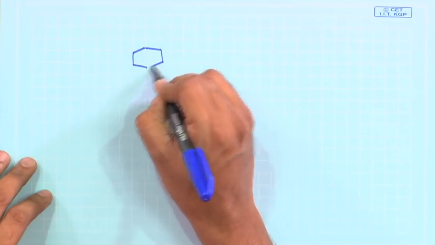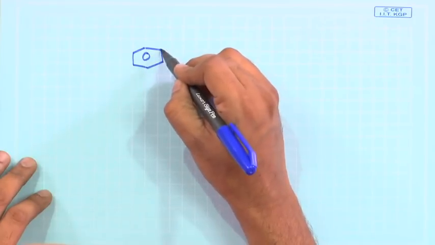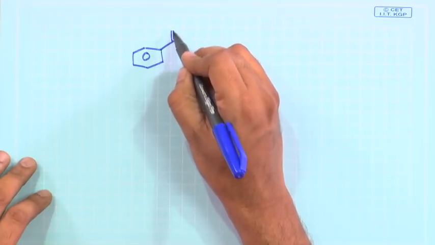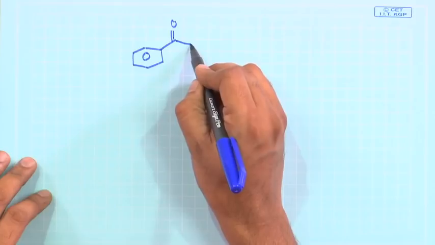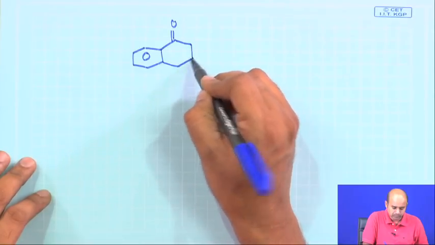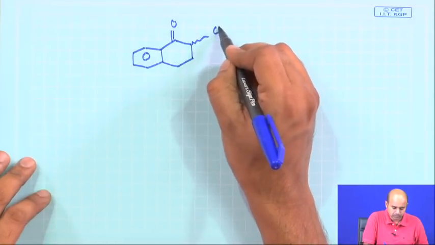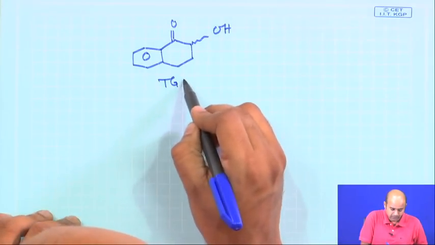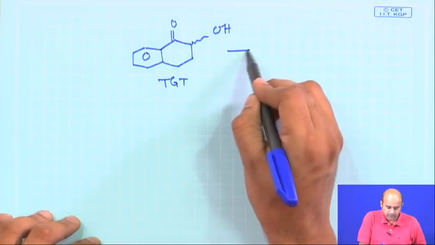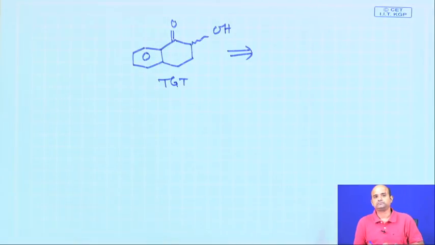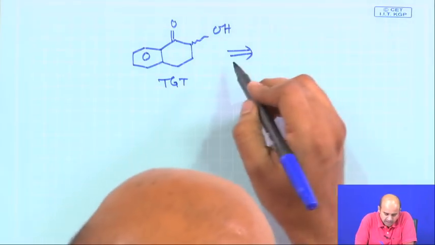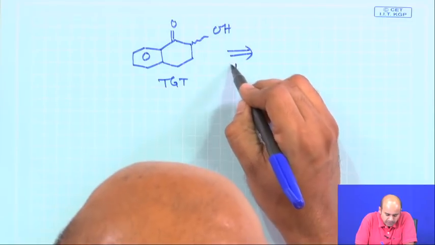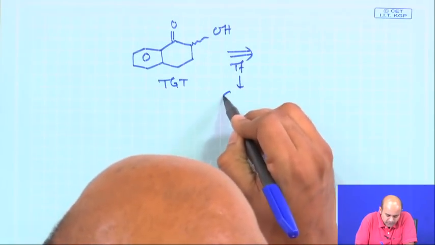In some cases, if I give you a target molecule something like this, and I say you have to use a Stetter kind of reaction, the prerequisite is you have to use a Stetter transformation.